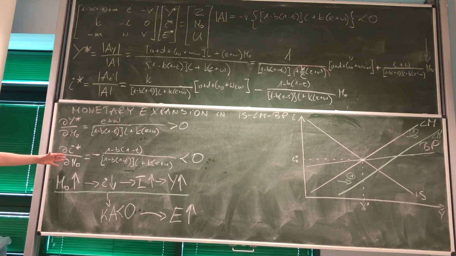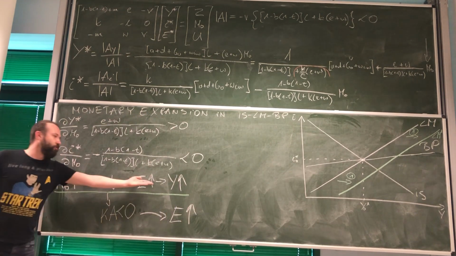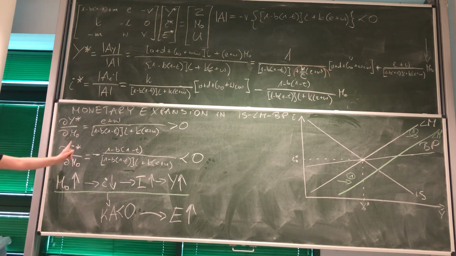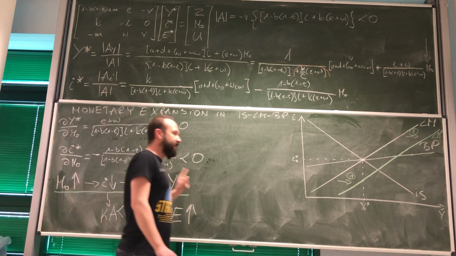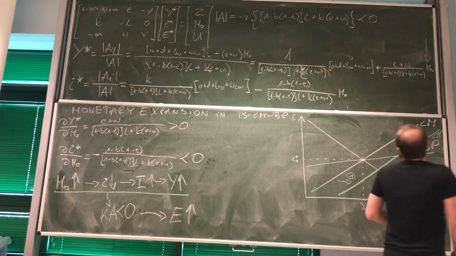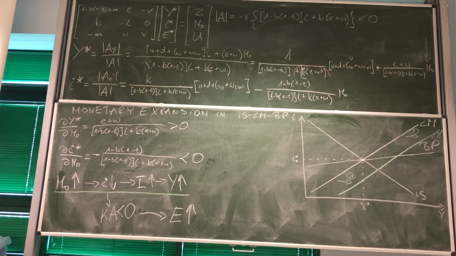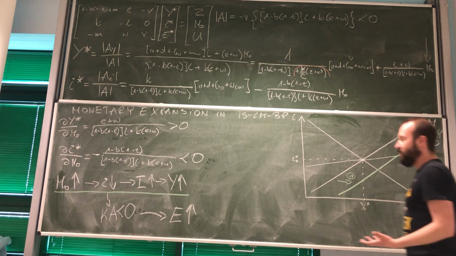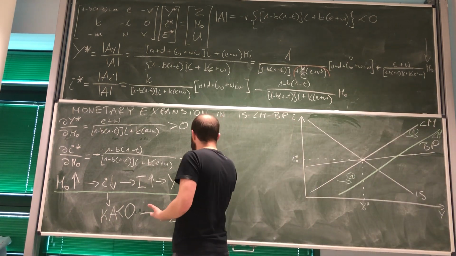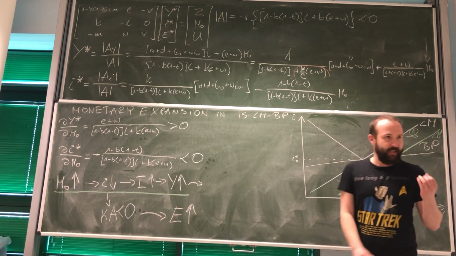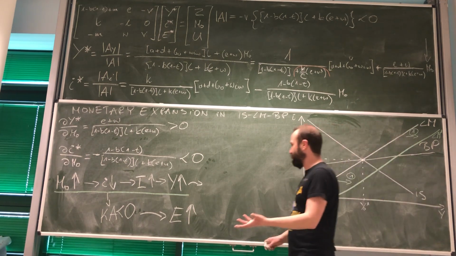Now, what is happening over here? Look, if income is increasing, this is going to impact the current account. In which way? Well, the higher the income, the higher the imports, right?